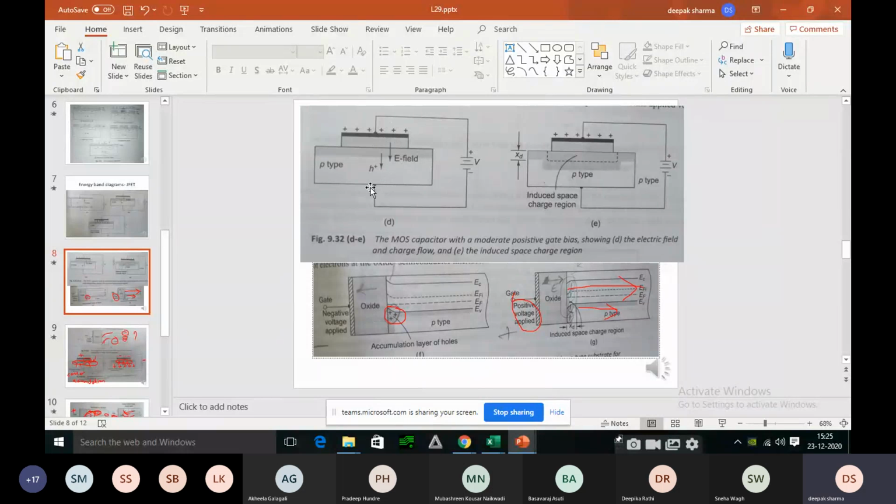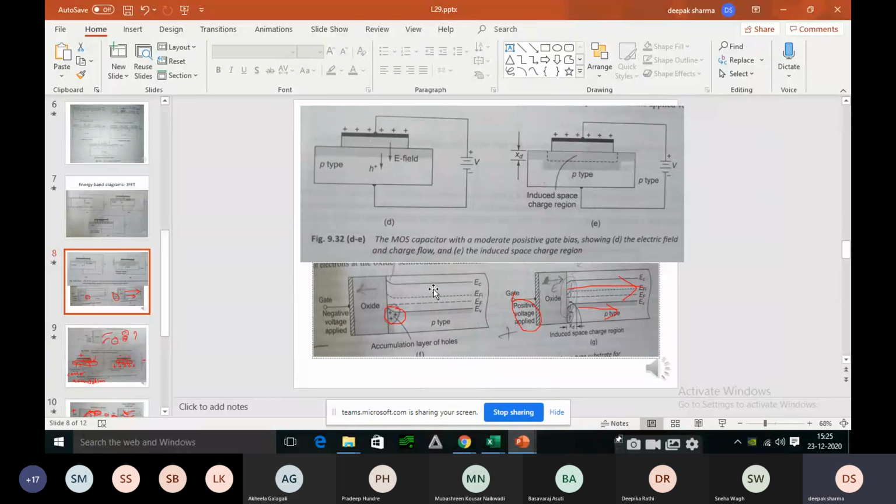This is vertical, right? So the upper layer we have gate, below that we have SiO2, that is oxide, below that we have substrate, correct? So it is rotated 90 degrees. The gate has come to the left hand side, it was top, correct? Then the intermediate was oxide, here we have the oxide. Below that was the substrate, here we have the substrate, correct?